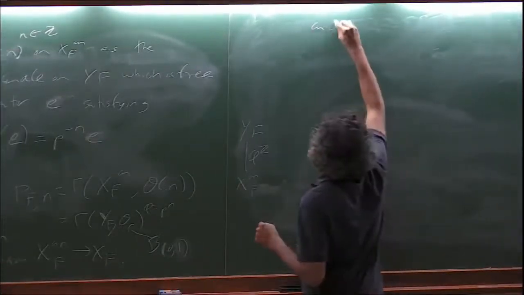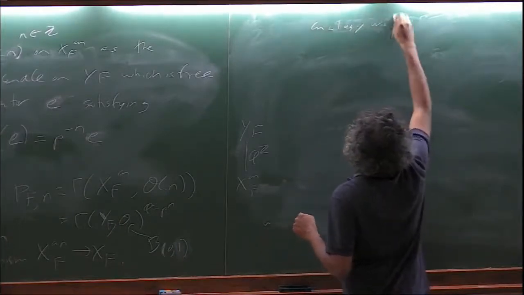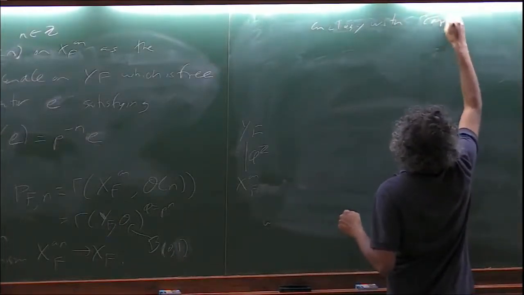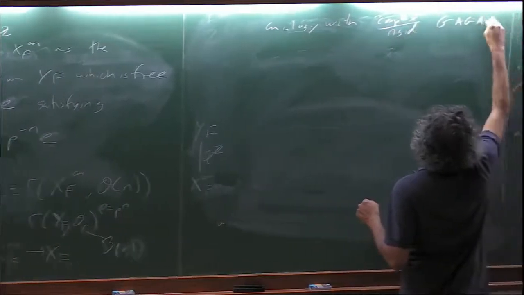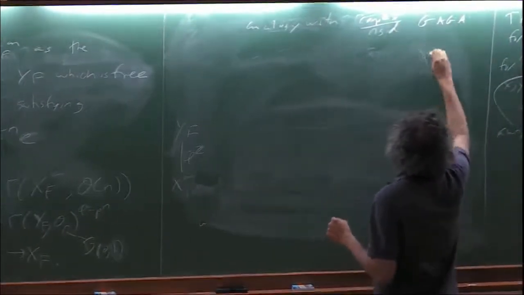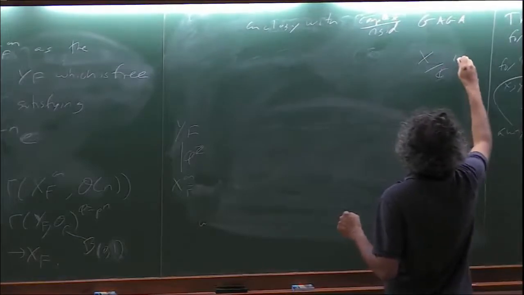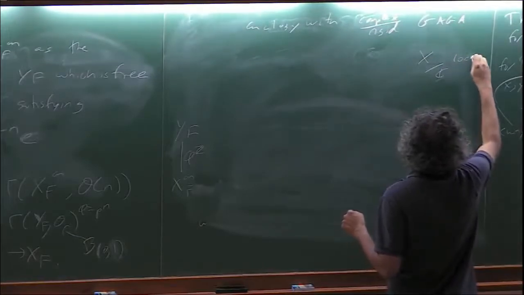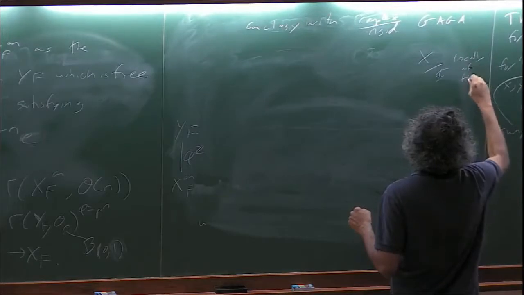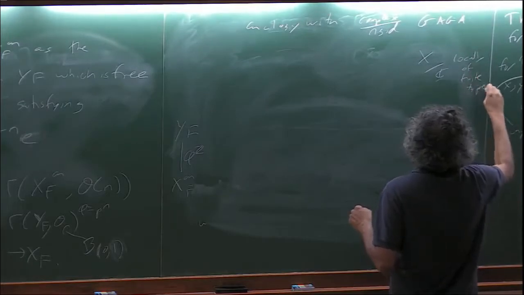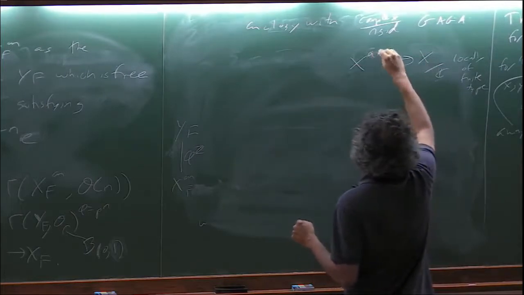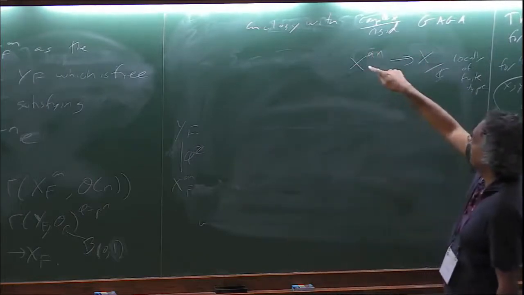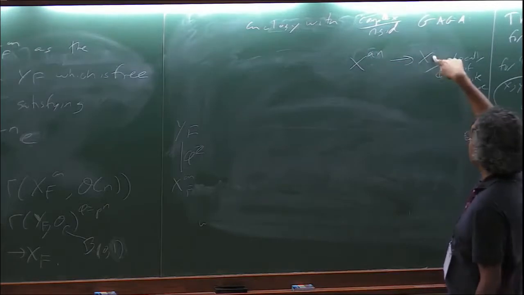So there's an analogy with either complex or also rigid analytic GAGA, right? So if you have X over C locally of finite type, then you can make an analytification, which is some locally ringed space, and there's a natural morphism from here to here.